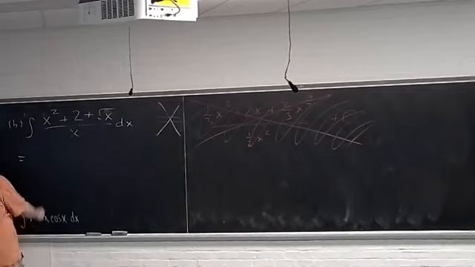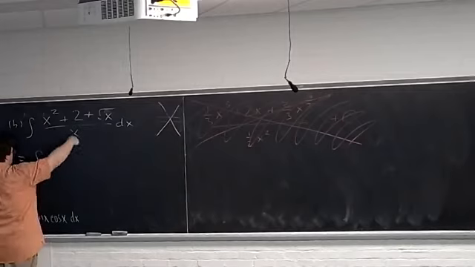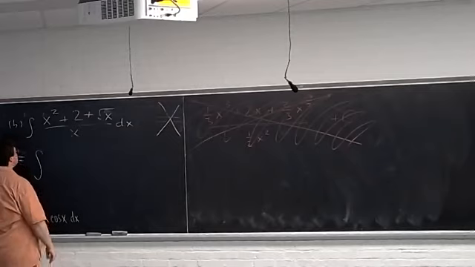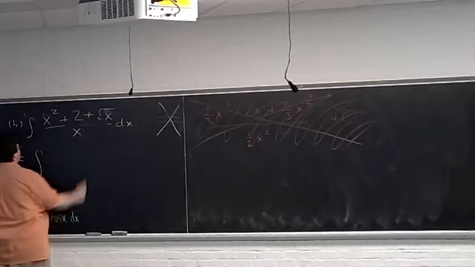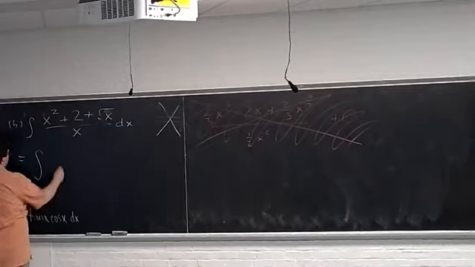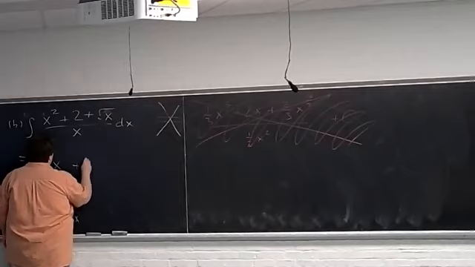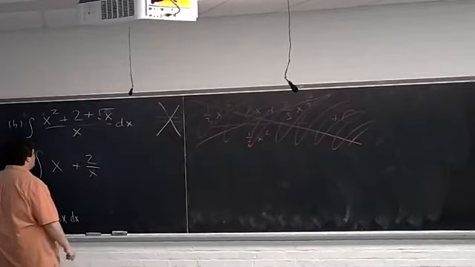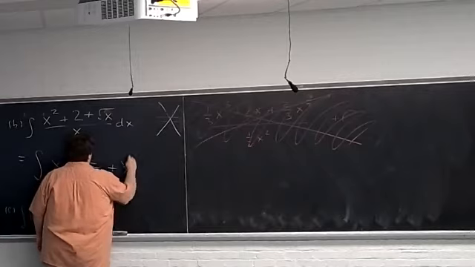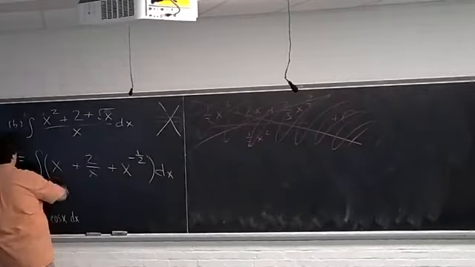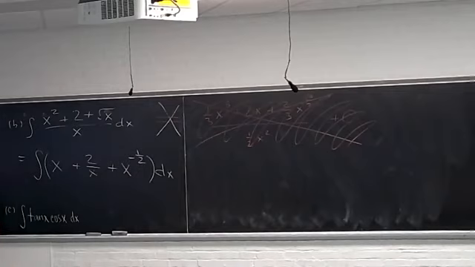What is that? Well, we can split the fraction into 3 pieces by dividing by that x. X squared divided by x is x. 2 divided by x is 2 divided by x. Root x divided by x is x to the negative 1/2.